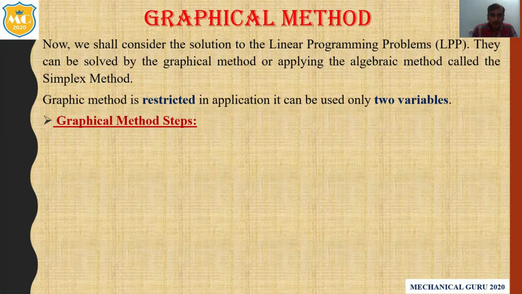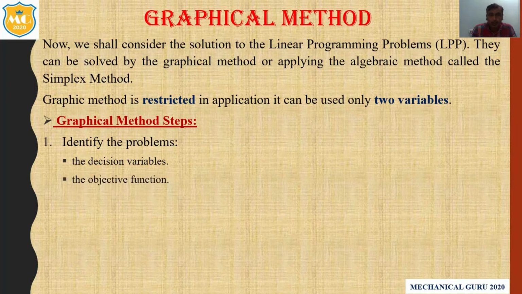So first we understand the graphical method steps. First we have to identify the problem. In identifying the problem, first we have to check the decision variables and objective function. In the objective function, whether the problem is maximization or minimization. Third, constraint restriction.